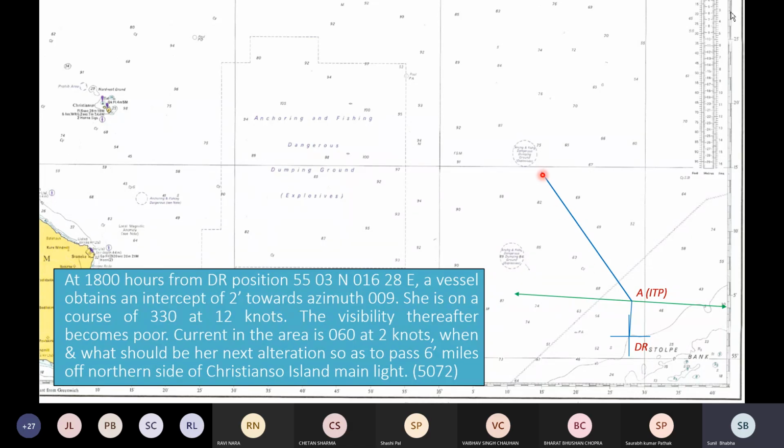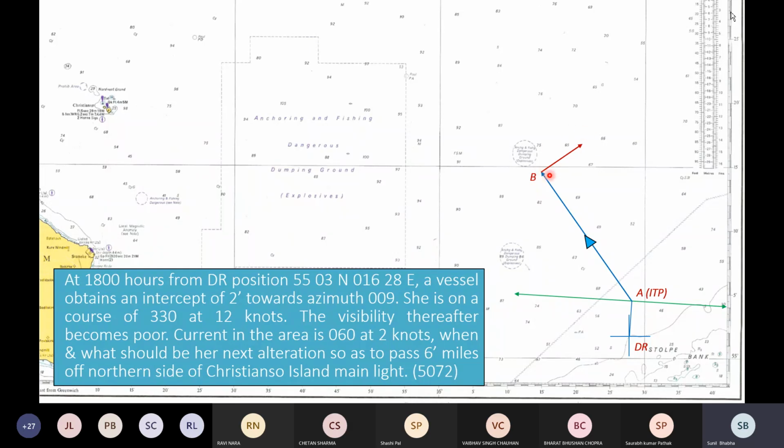Keeping this 12 miles length, this becomes my CTS vector. Let's mark it with a single arrow. The point where the CTS vector ends, let's mark this point as Bravo. Now, we also know the current prevalent in the area. The current is setting 060 at a rate of 2 knots. So let us draw the current vector also for the same duration of 1 hour. From point B, I draw my current vector in the direction of 060.